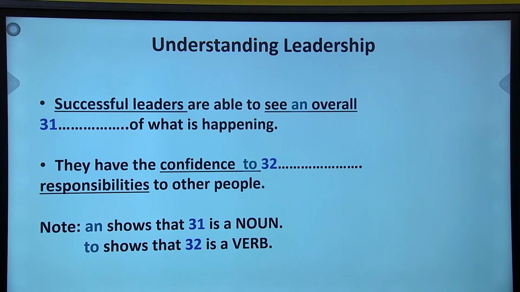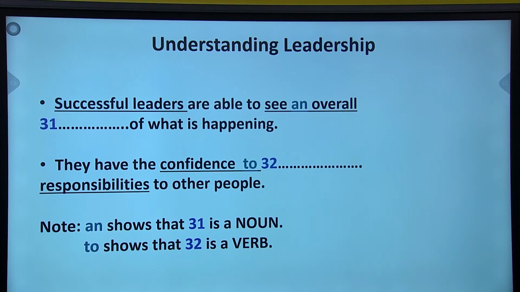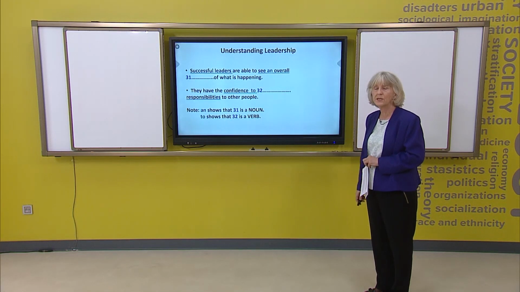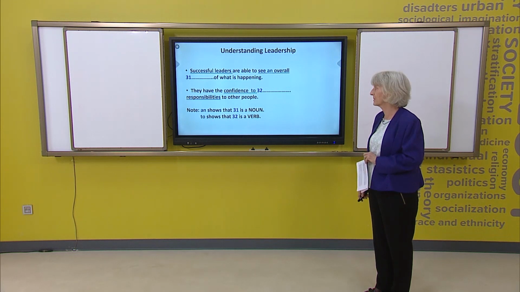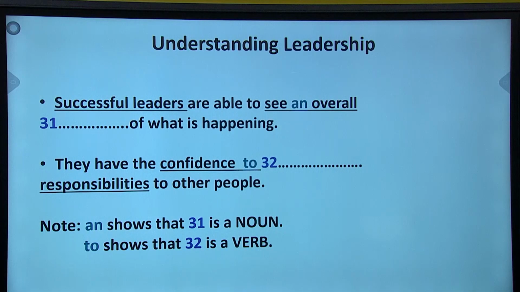And number 32, they have the confidence to something. The to shows that it's going to be a verb. So please listen carefully for the noun and the verb that will fit these 2 spaces or gaps. So let me read this bit. This is the final recording.